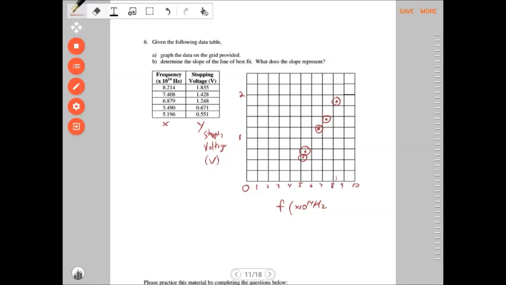So let's make our line of best fit here. Kind of around there somewhere. Awesome. So again, use a ruler when you make a line of best fit. That's kind of a big deal. Now perfect points.